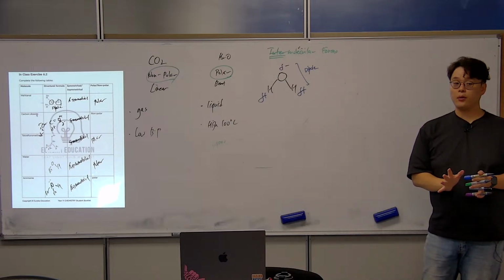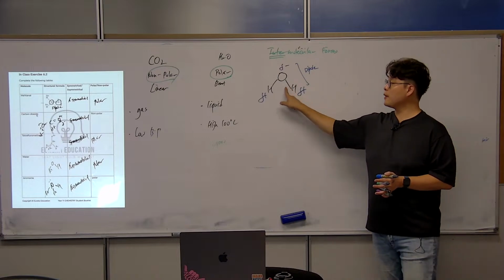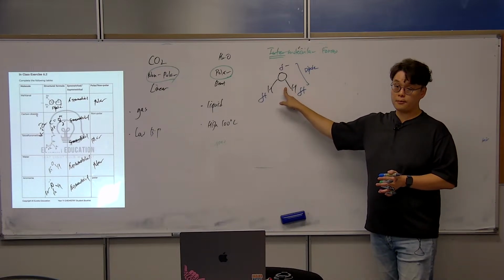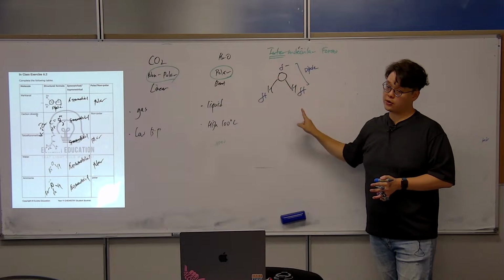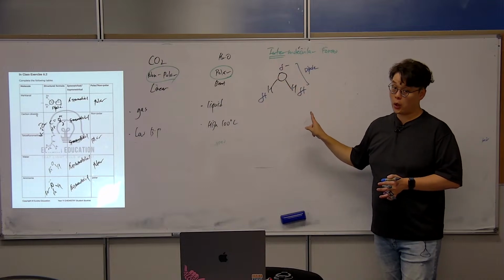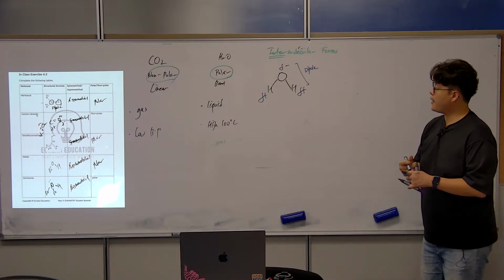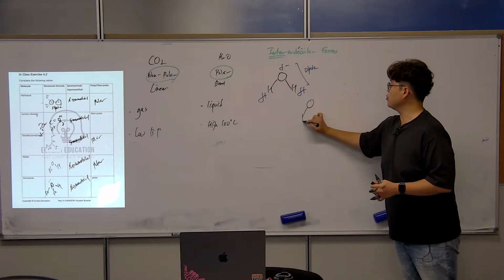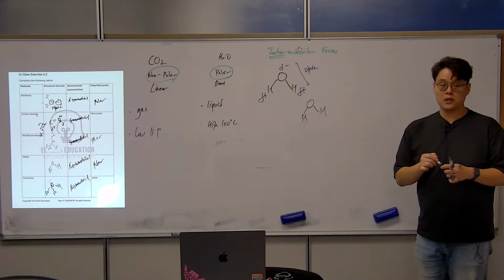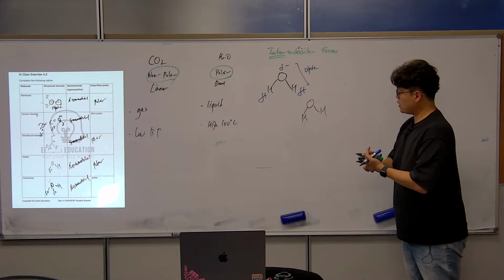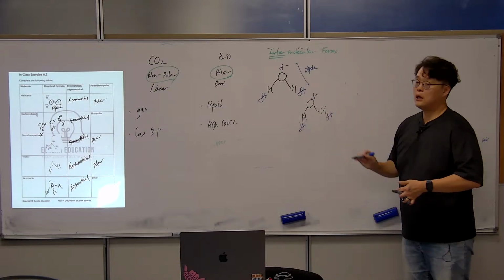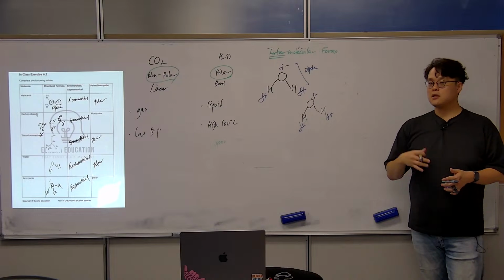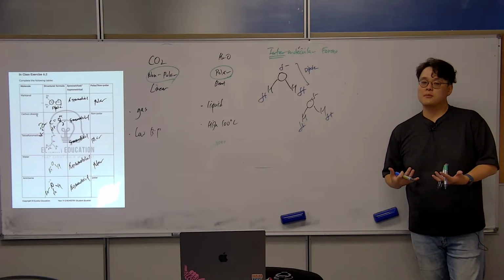We have a dipole, and I'm talking about this as polar covalent bonding inside the oxygen-hydrogen relationship. Let's bring out another water molecule. This will be identical, so they're partially negative and partially positive. What you have to remember is that something positive will always attract something negative.